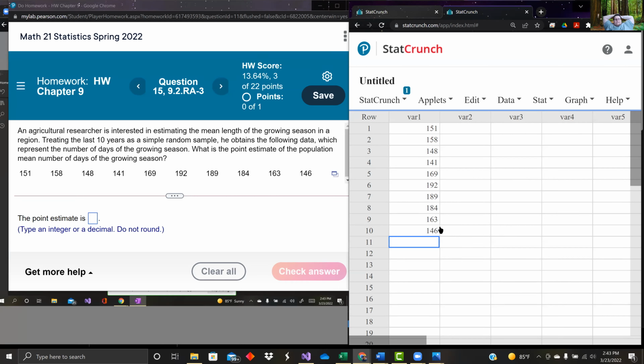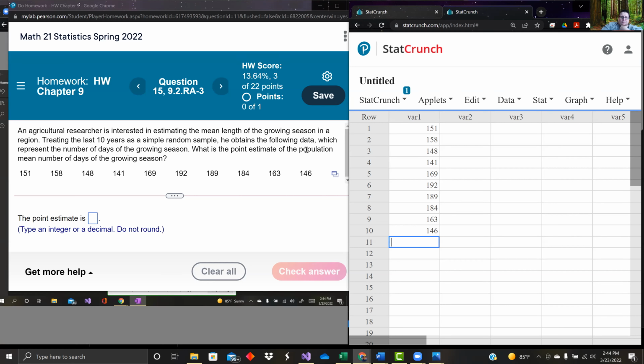An agricultural researcher is interested in estimating the mean length of the growing season in a region. Treating the last 10 years as a simple random sample, he obtains the following data, which represent the number of days of the growing season. So that's what these numbers are, the number of days that crops were growing. What is the point estimate of the population mean number of days of the growing season?